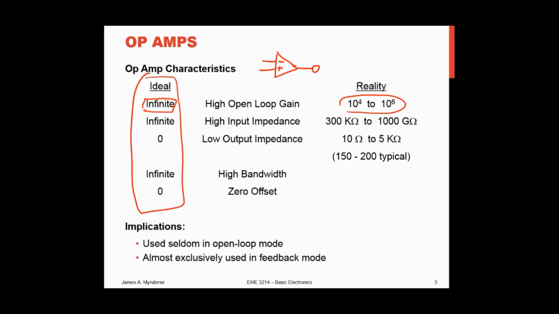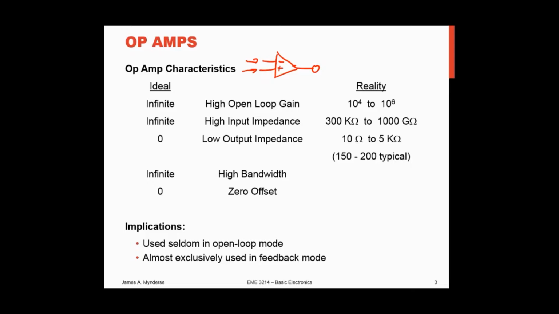We assume that the input impedance, the impedance coming in this way, is also infinite. That really simplifies the circuit analysis. The reality is that the input impedance is hundreds of kilo ohms, 300,000 ohms, that would be on the low side, to thousands of gig ohms, especially when you get into CMOS-based op-amps.